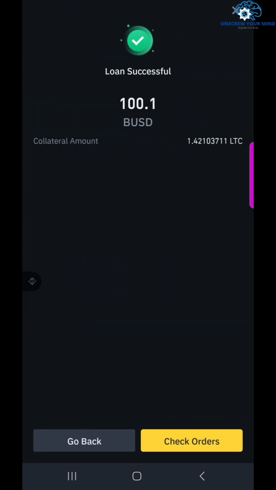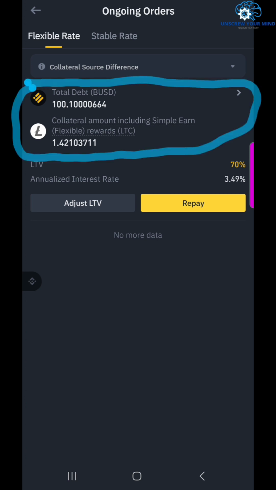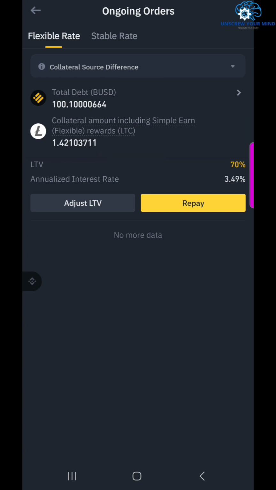And then you see that the loan is successful, that I have my BUSD, and we're just going to go back. Let's check orders first. We have my total debt is 100.1 BUSD and my loan to value ratio is 70%, and that is that. So if I want to repay, I'm just going to click on repay.